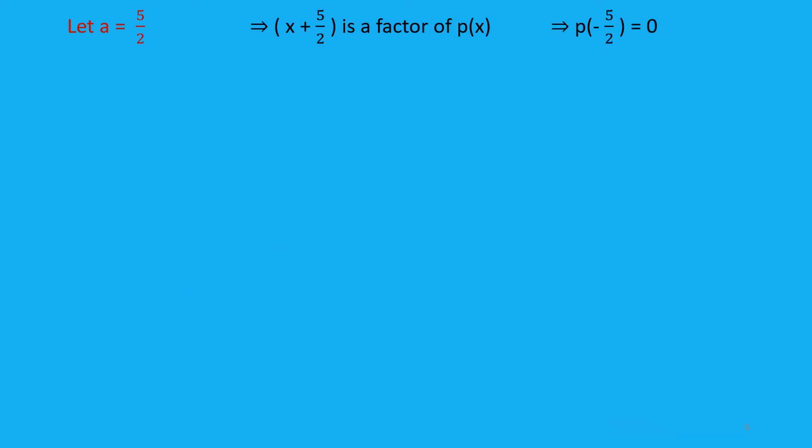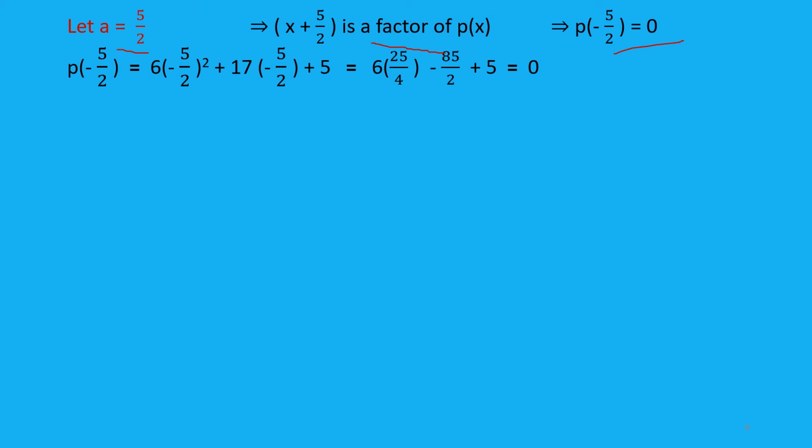Now let's take a equals 5 upon 2. When a equals 5 upon 2, it means x plus 5 upon 2 is a factor of P(x). And it implies P(minus 5 upon 2) should be equal to 0. So what we will do, we will put the value of x as minus 5 upon 2 in the polynomial P(x). So we will get P(minus 5 upon 2) equals 6 into (minus 5 upon 2) whole square plus 17 into minus 5 upon 2 plus 5.